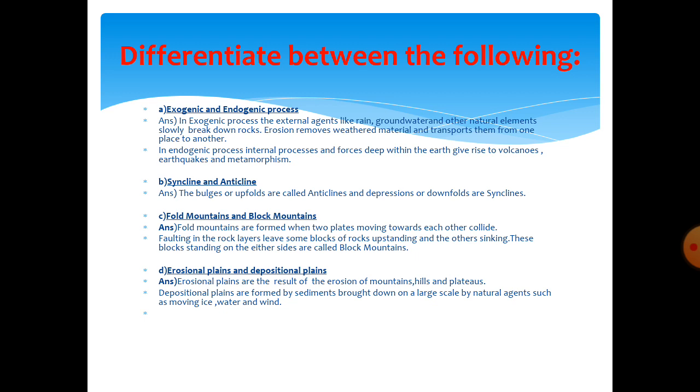Whereas depositional plains are formed by sediments brought down on a large scale by natural agents such as moving ice, water and wind. So when they bring it down and it gets deposited in a particular region, the plains then formed are known as the depositional plains.